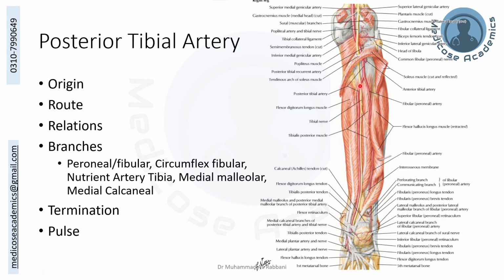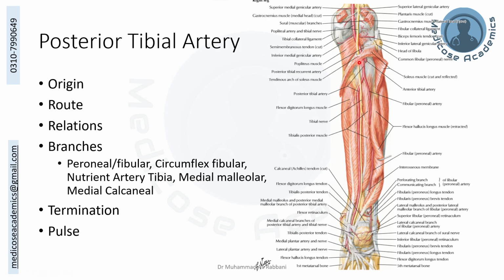As it moves down, it will have the flexor retinaculum posteriorly; these structures are related to it superficially. Deep to it, initially there is tibialis posterior. As we move down, deep to it there is flexor digitorum longus, and further down there is the lower end of the tibia and then the capsule of the ankle joint. So these are the structures related to it deep or anteriorly.